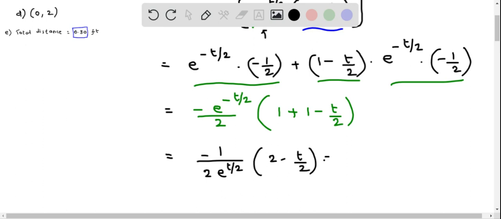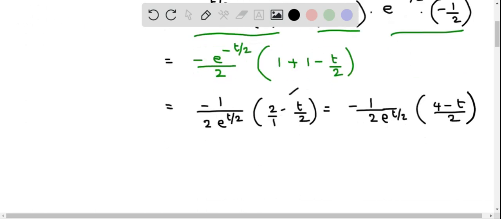Let's simplify this. This equals negative 1 by 2 times e raised to the power of negative t by 2. Let's simplify this fraction. This is 2 by 1, so this will become 4 minus t divided by 2. And in the next step, we can multiply these two numbers, 2 times 2 is 4.